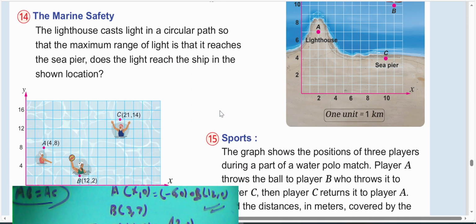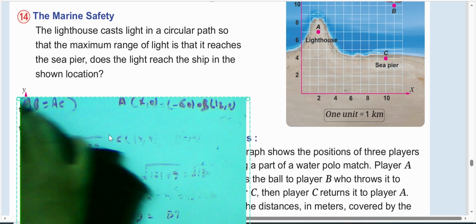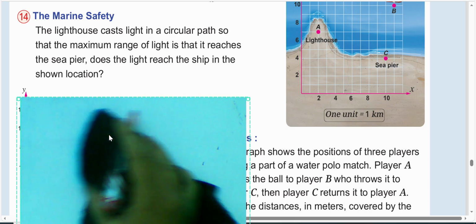Next question. Marina cities. Lighthouse. The light's maximum range reaches the seabird.